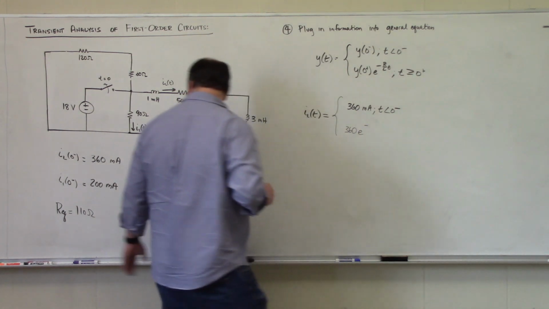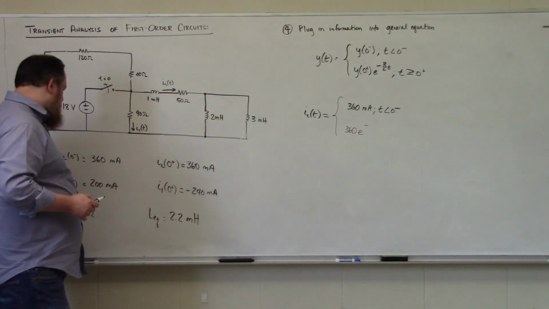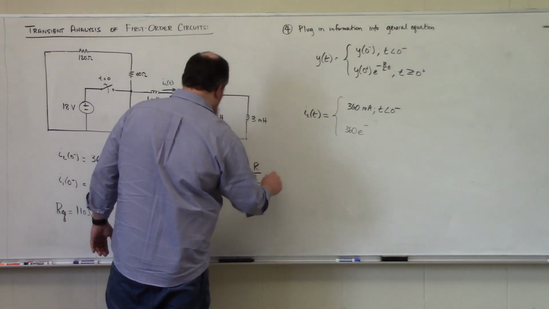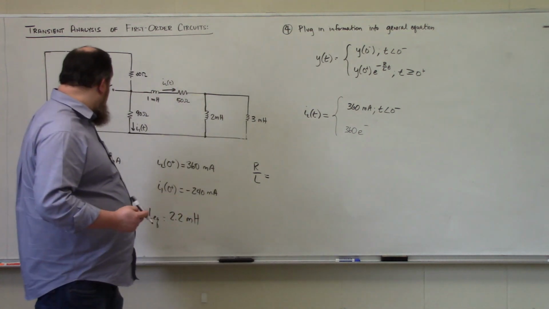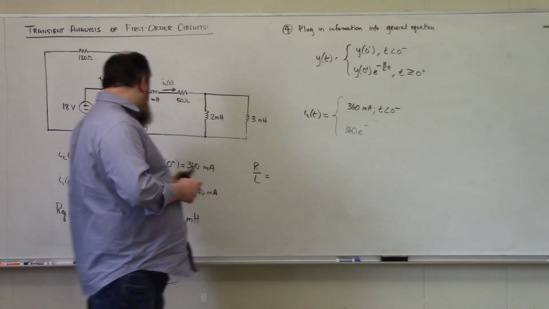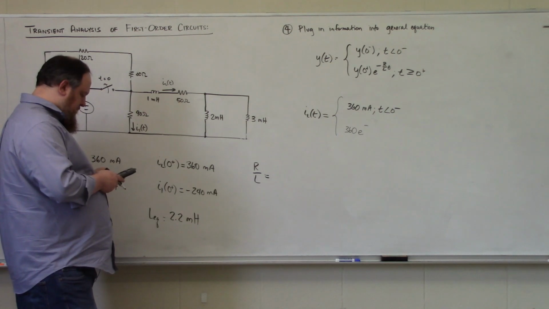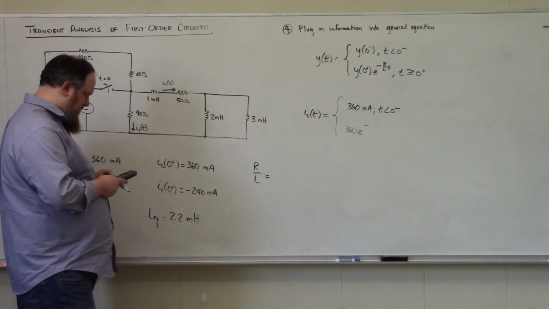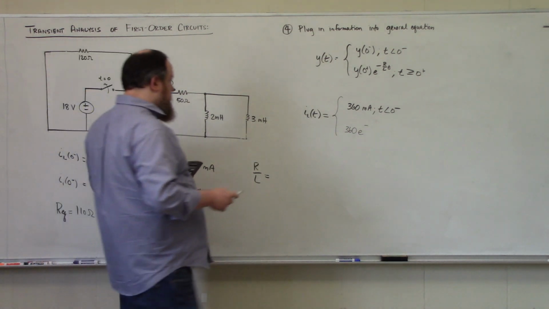All right, so R over L is 110 divided by 2.2 times 10 to the minus 3. So that's 50,000.